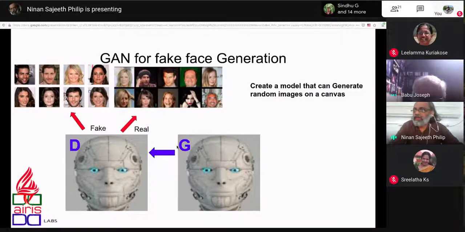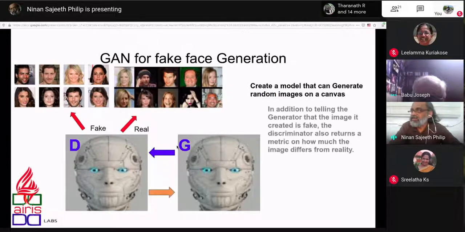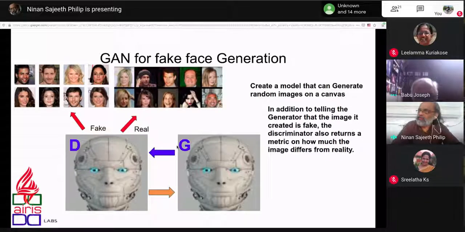The discriminator immediately finds that they are fake images and returns a message to the generator saying that, sorry, these are not the real images I am looking for. But in addition to telling the generator that the image it has made is fake, the discriminator also returns a metric on how much the image differs from reality.